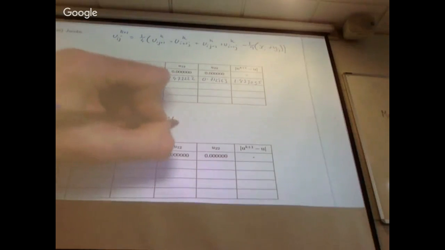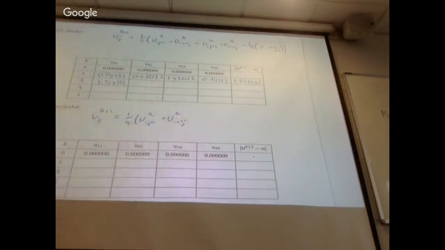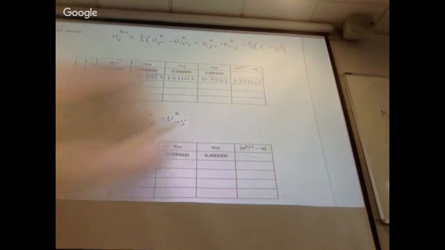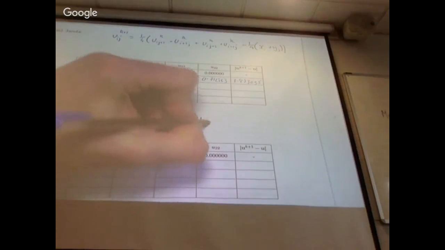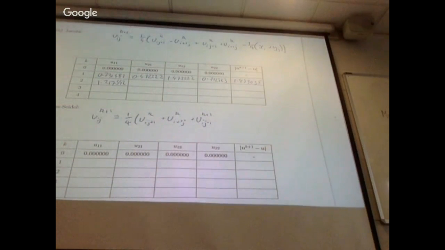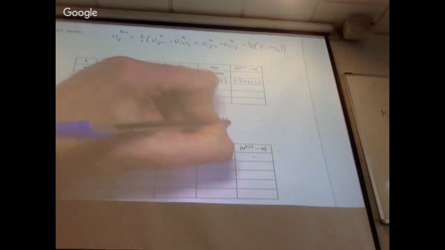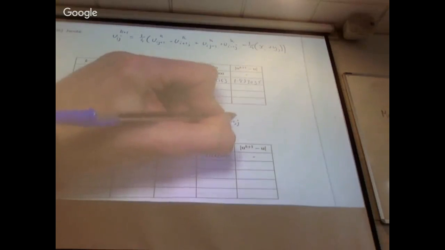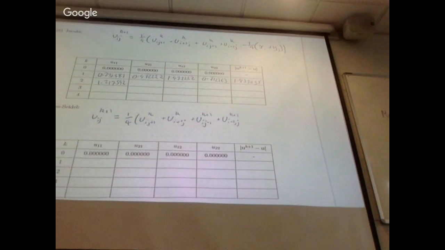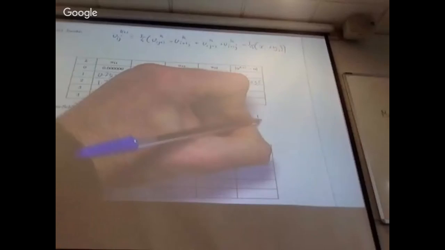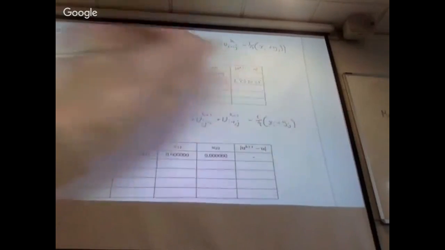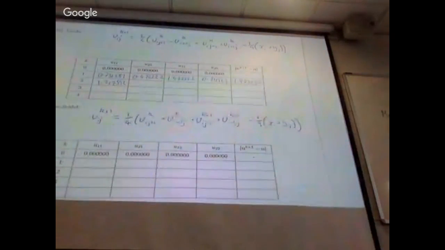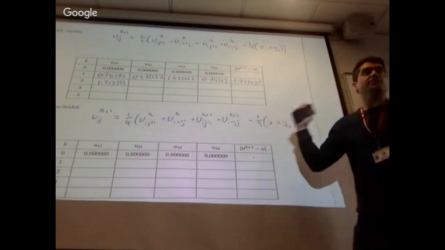The node to the east, again, we use the old value. But the node to the south, we can use the most up-to-date value, which is the k plus 1. And also the node to the west, use the k plus 1 value. So that's our Gauss-Seidel method.